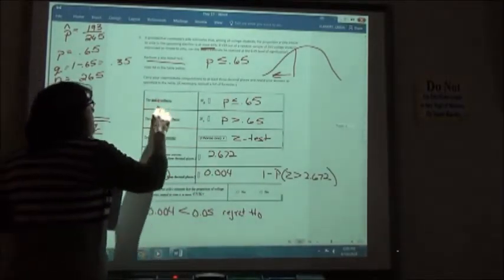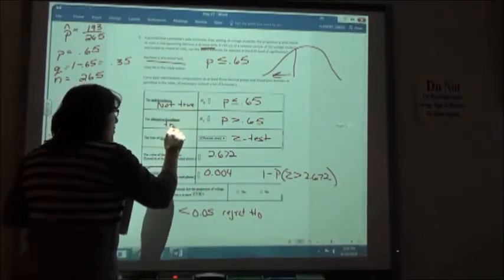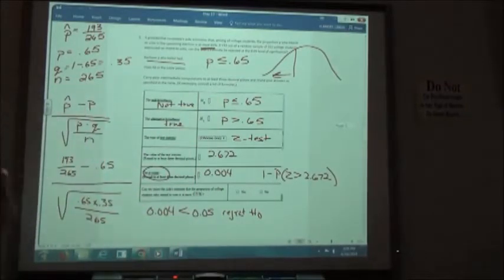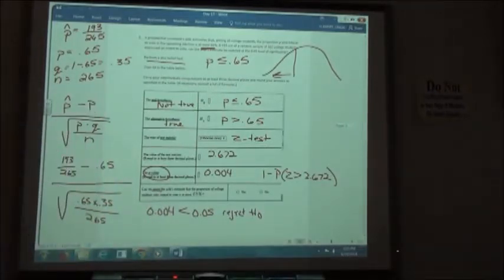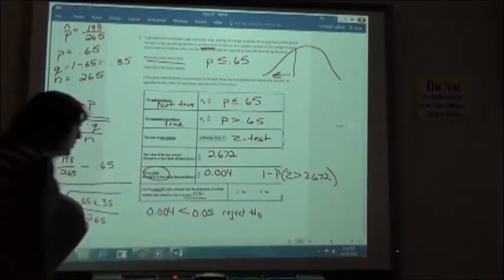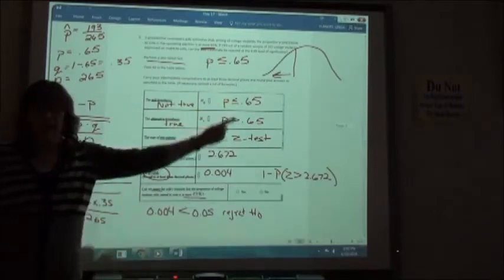So that means this is not true. This is true. That statement's not true. The bottom statement is true. So can we reject the aide's estimate that the proportion of the college students who intended to vote is at most 65%? Can we reject that?